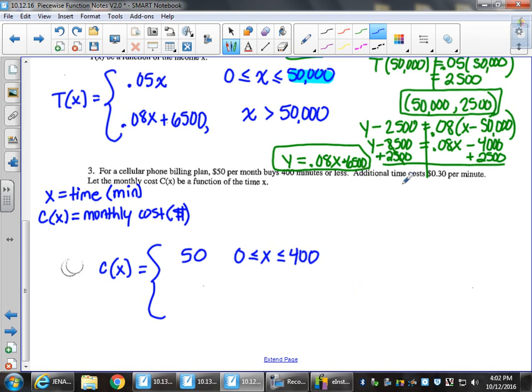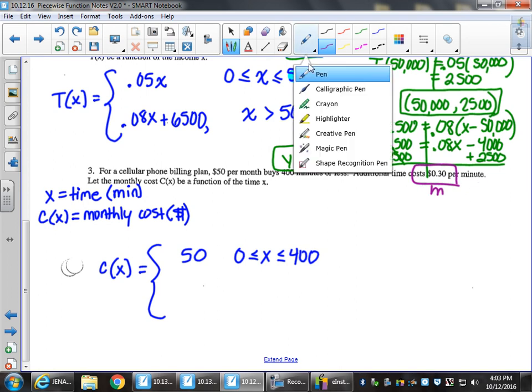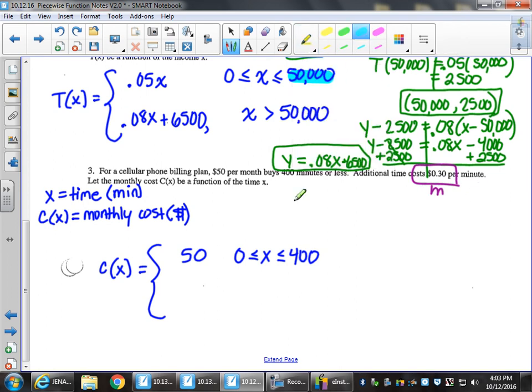It tells us additional time costs 30 cents per minute. So there is my M. But how am I going to get my point? We're going to get our point from taking 400 and substituting it into 50? I don't really have any work to do here.